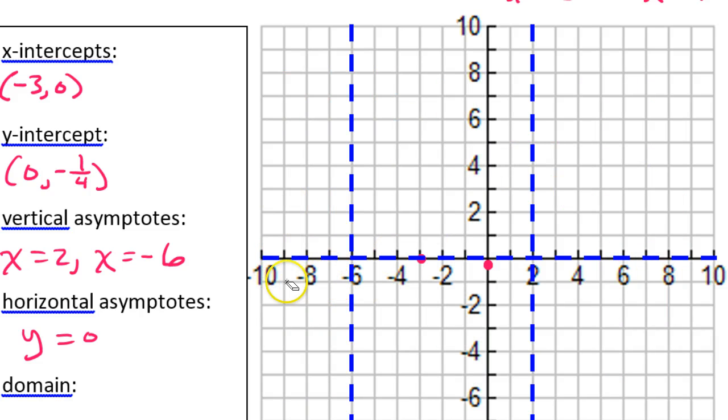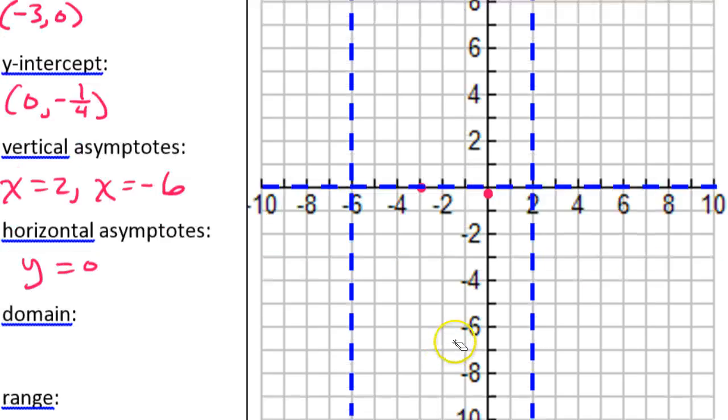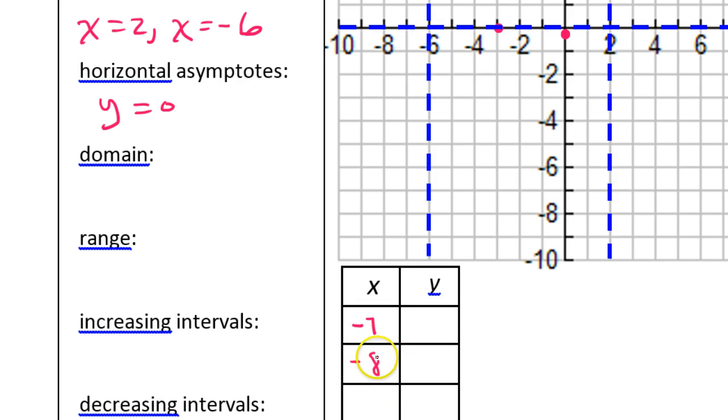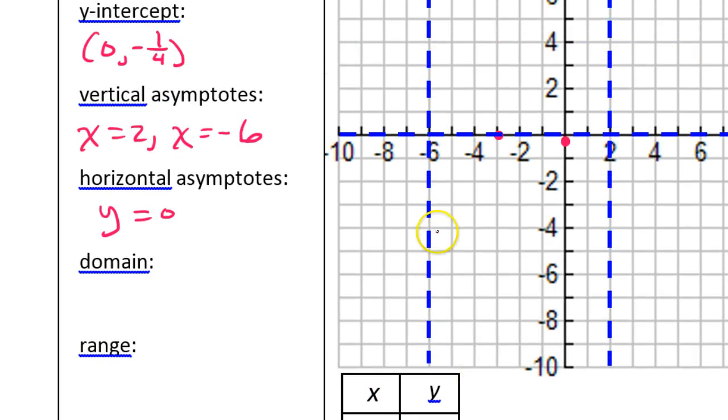Okay, so over here to the left in the formerly yellow zone, I'm going to pick values like, for example, -7 and -8. Let me write that down. But there's one additional point I'm going to do.